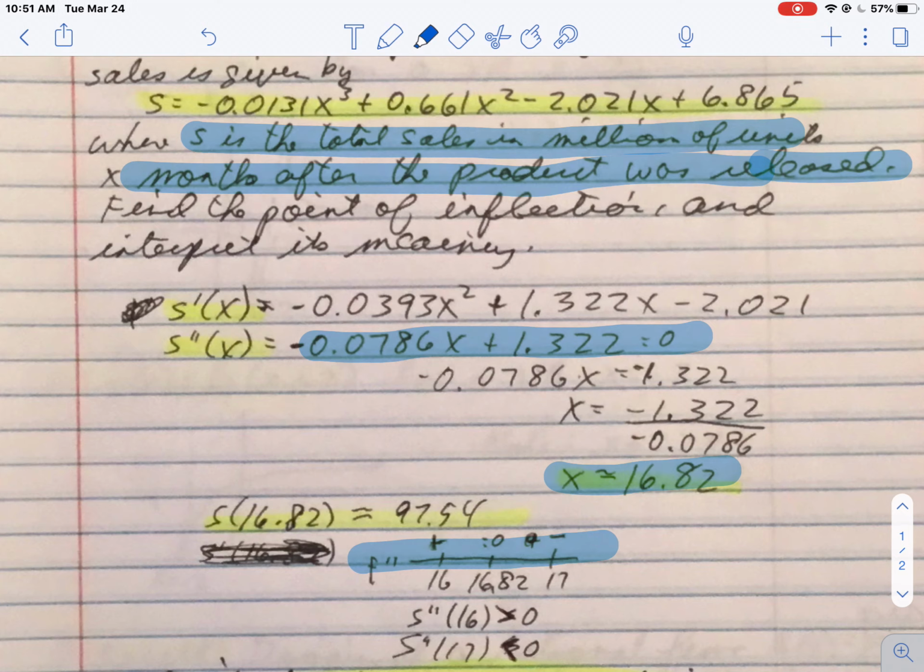What does S double prime tell us? Well, S double prime gives us the rate of change in that rate of change of sales, right? So maybe the amount of sales are increasing, and maybe then the rate of change is changing, and the rate of sales increases or the rate of sales itself decreases, but still with positive rate of sale, or vice versa.